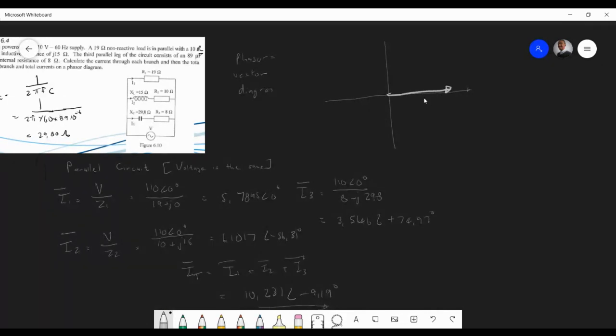I2 is at minus 56, so that's around there somewhere. And I3 is at plus 74, so obviously that is lying somewhere over there.